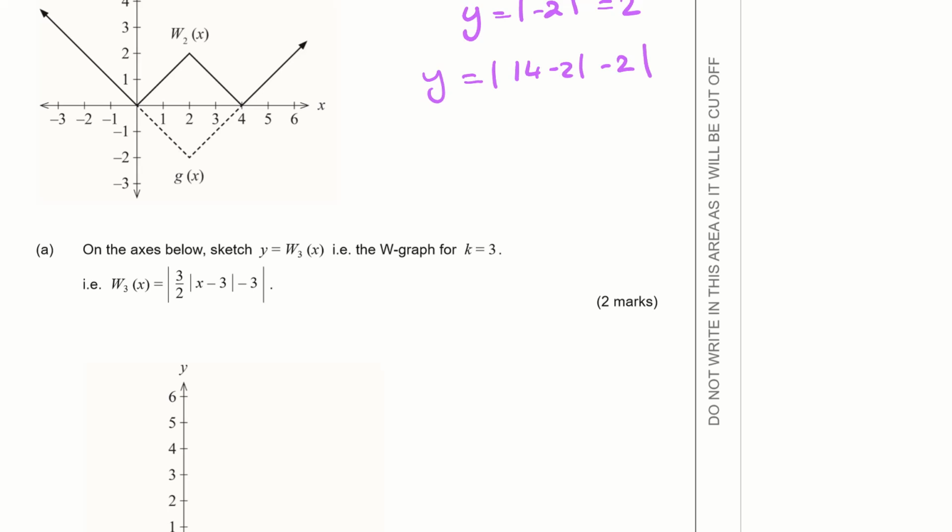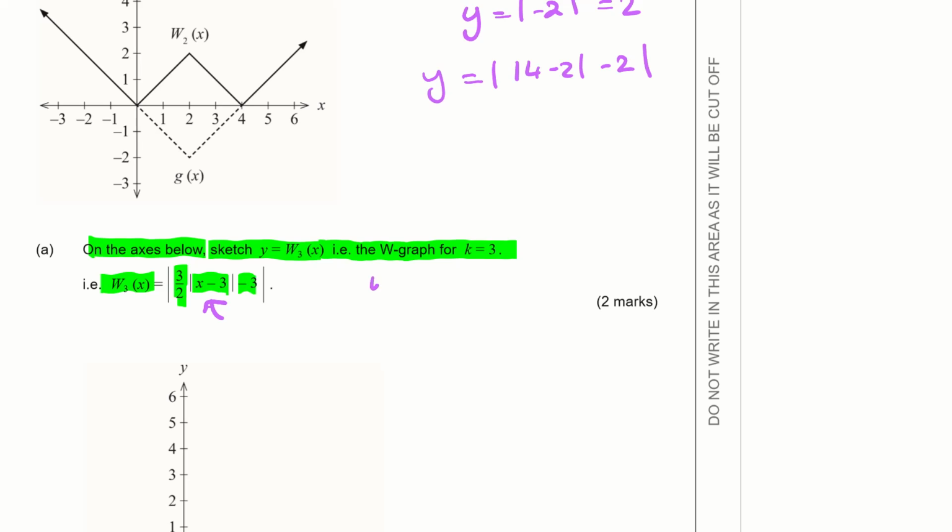So on the axes below, we want to sketch y equals w_3(x), i.e. the W graph for k equals 3, which they've stated here: w_3(x) is 3 over 2 mod x minus 3 take away 3. So we can see the bounce is going to happen when x is 3.